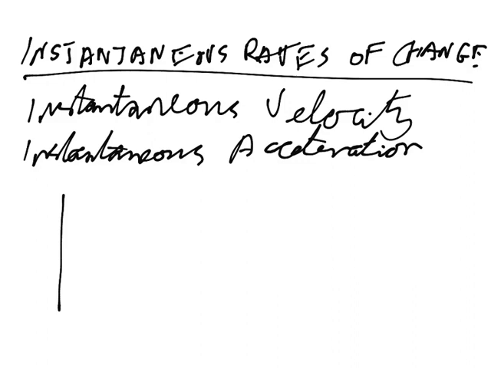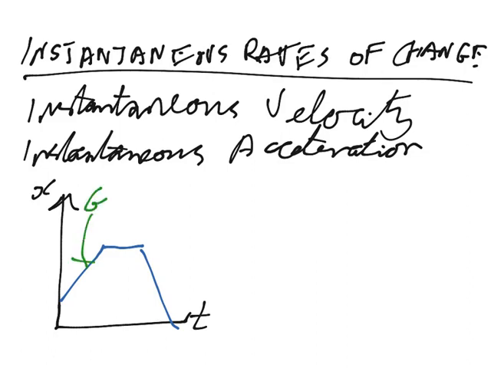Alright, so as we know, if we have a position-time graph, to find the velocity, we use the gradient.